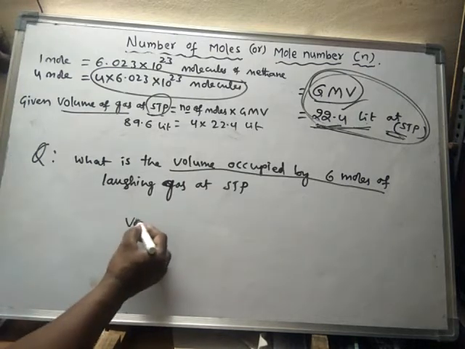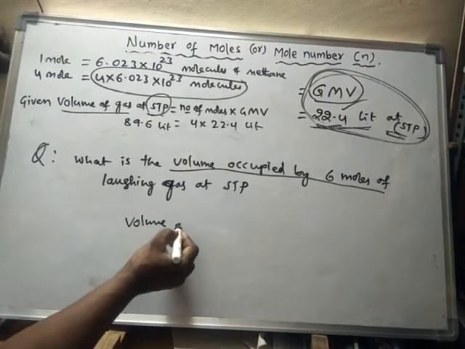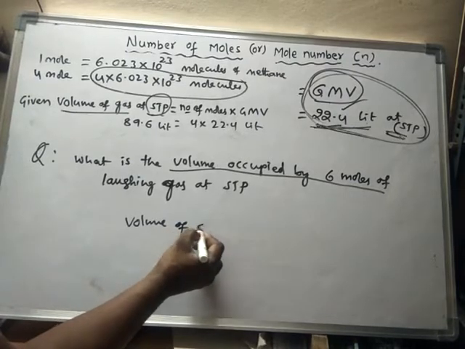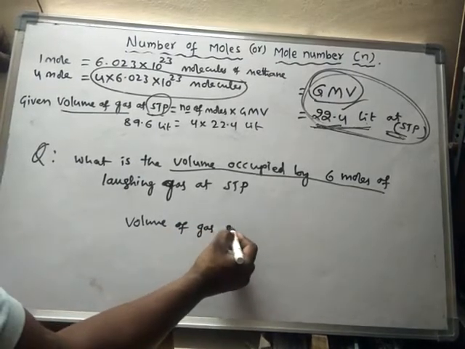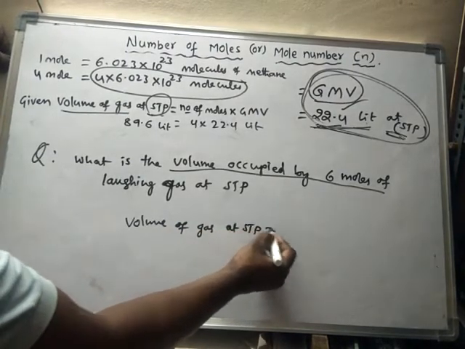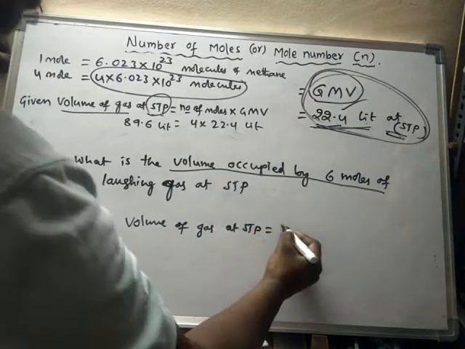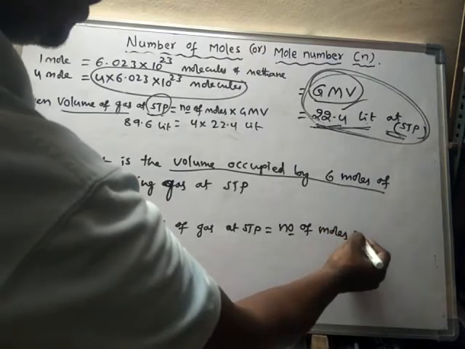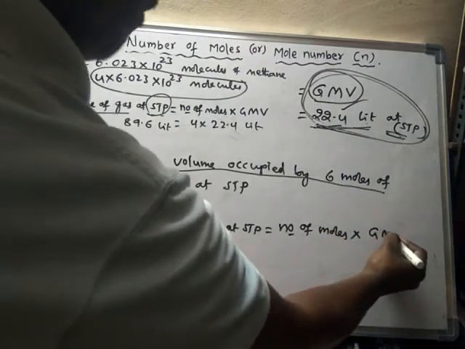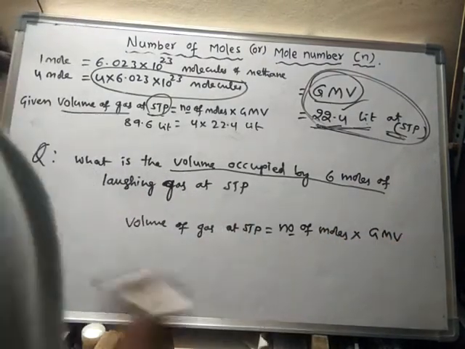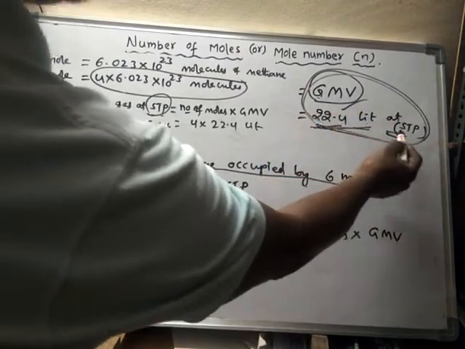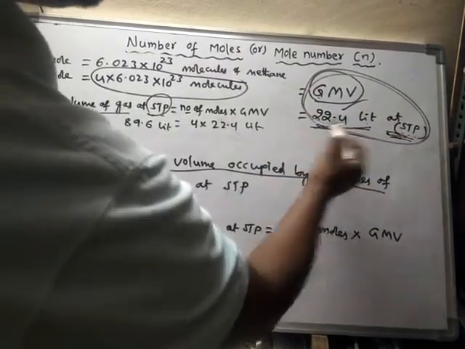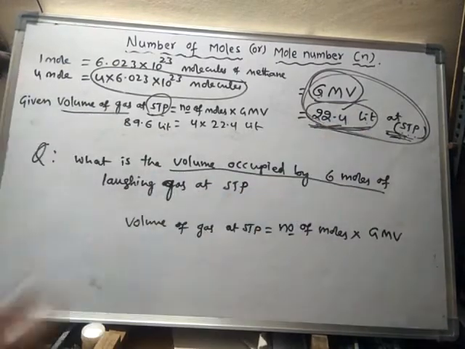So volume of gas at STP is equal to, what's the formula? Number of moles into gram molar volume. Gram molar volume at standard temperature and pressure is always this value.